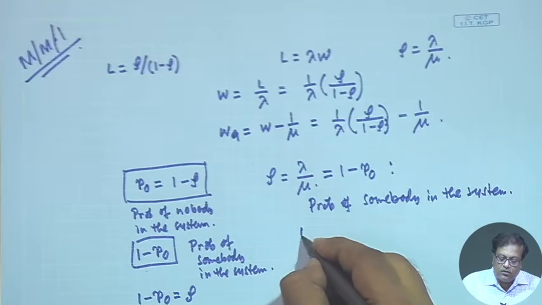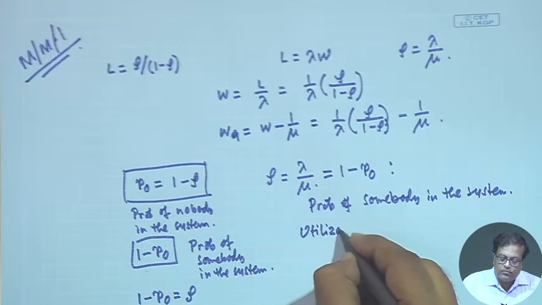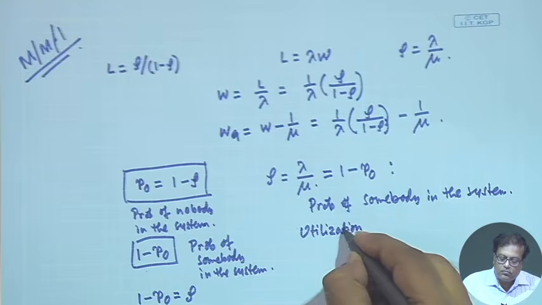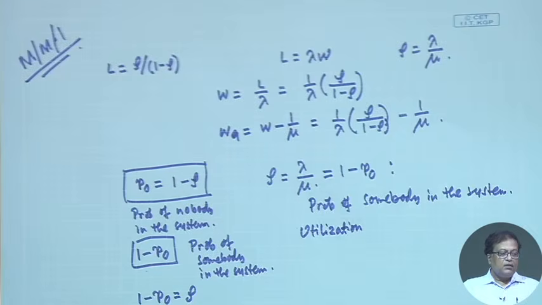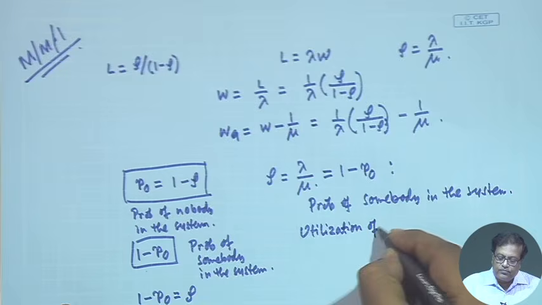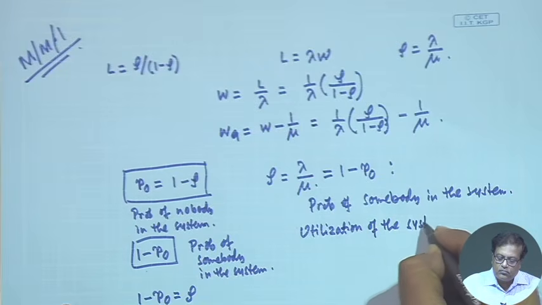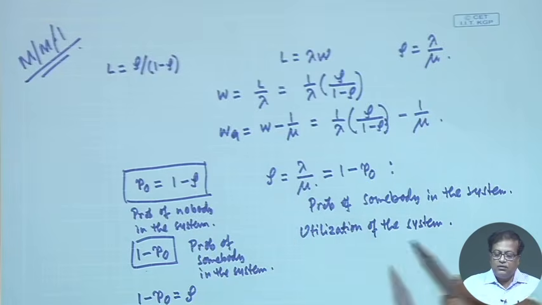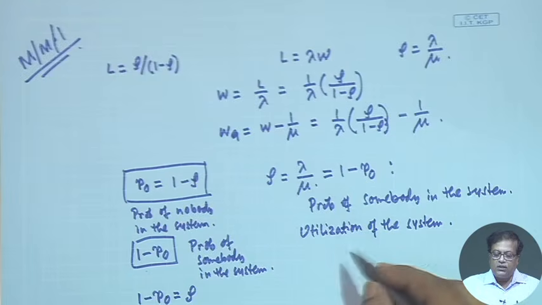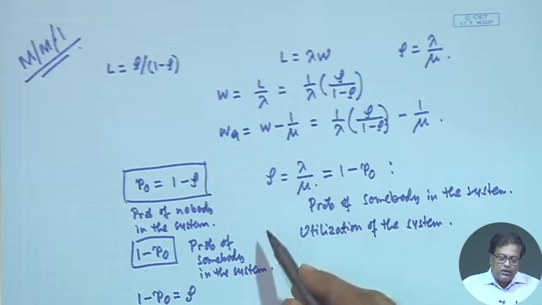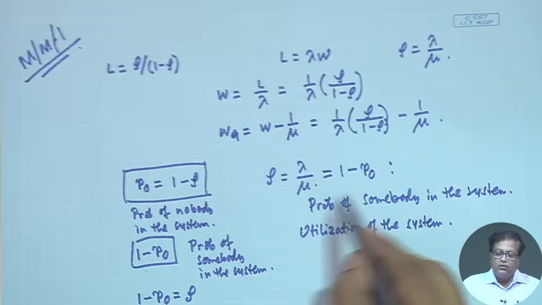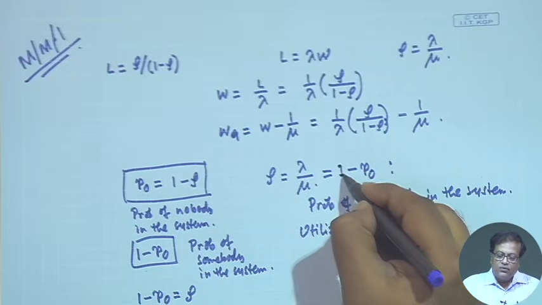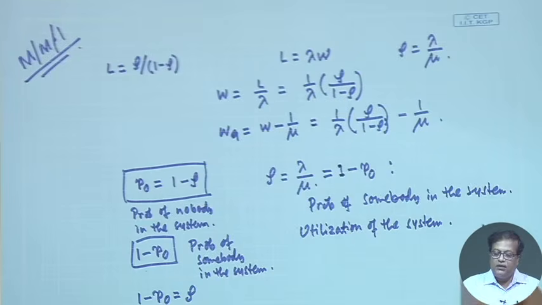And this is called the utilization of the system, right. So, actually rho or lambda by mu really determines the utilization of the system, and in the particular case of M/M/1 it also signifies 1 minus P0, that is the probability of somebody in the system. Is it all right?